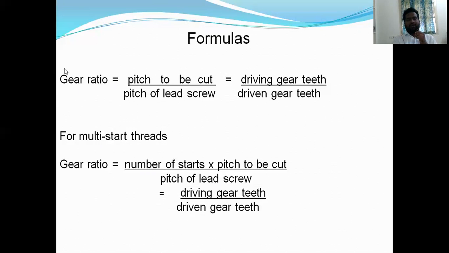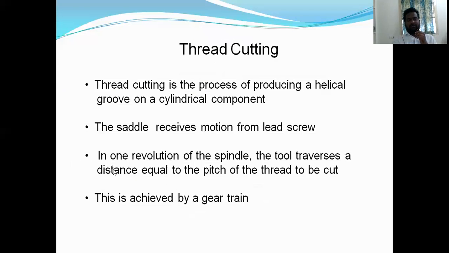Why are we going to calculate this gear ratio? After calculating this gear ratio, we get the one revolution of the spindle, and with that one revolution of the spindle, the tool traverses a distance equal to the pitch of the thread to be cut. So this entire thing depends upon the gear ratio.